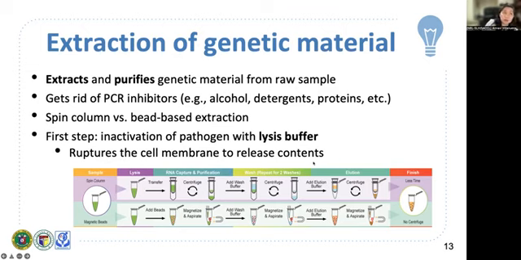So if you can remember from the previous slide that I showed you of HIV, the structure of the virus, the genetic material is inside the membrane. So it's very important for the genetic material to be released from the nucleocapsid and all of its surrounding structures para ma-target siya ng ating PCR.